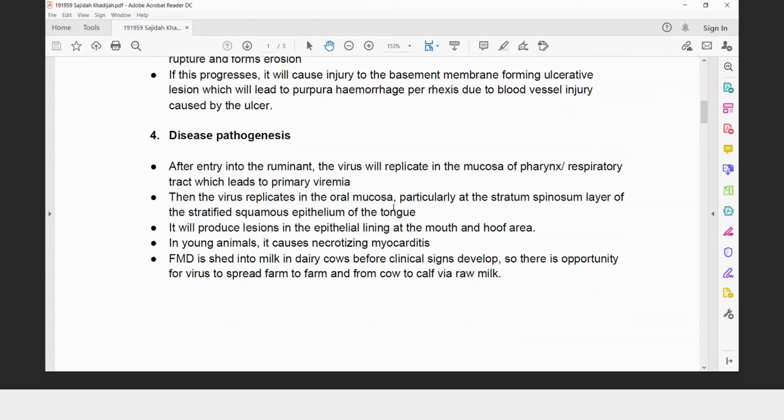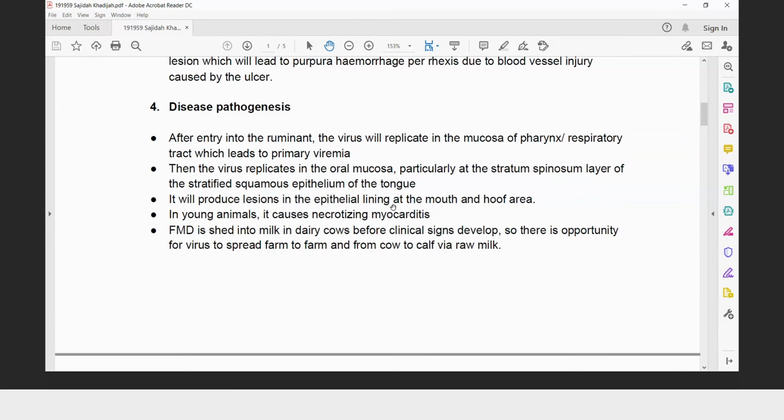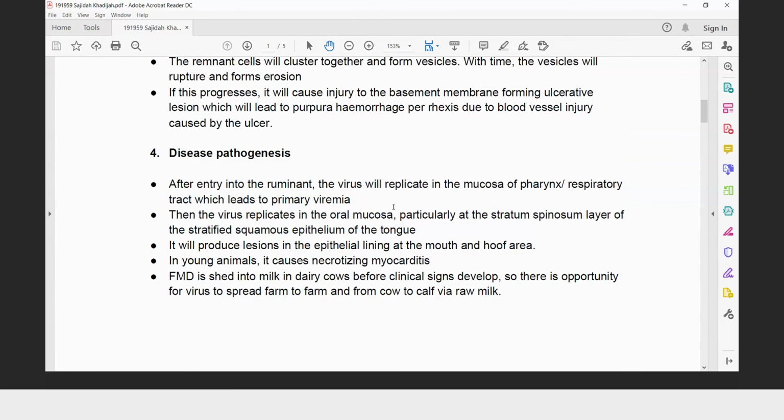Then the pathogenesis. Also in this case, of course, there's nothing wrong here. You put that after entry into the ruminant, the virus replicates in the mucosa. In this case, the mucosa, actually, again, they are lymphoid organs, pharynx and upper digestive tract, leading to primary viremia, correct?